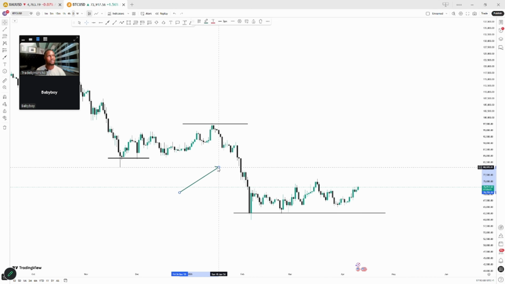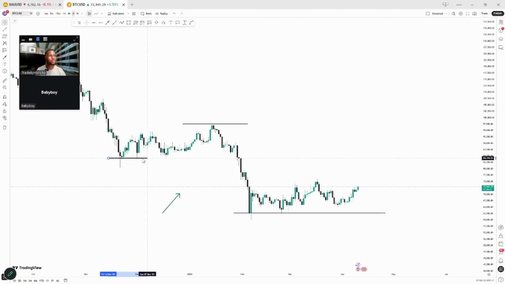So let's use this. This is a low, and then the price makes its way to this point, creating a high, and then the sellers were able to hold the price and push it back down. Because this is a downtrend, the sellers will always want to take control of the market, just like we learned in our previous class.